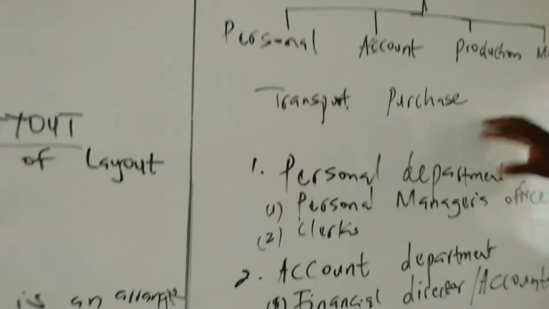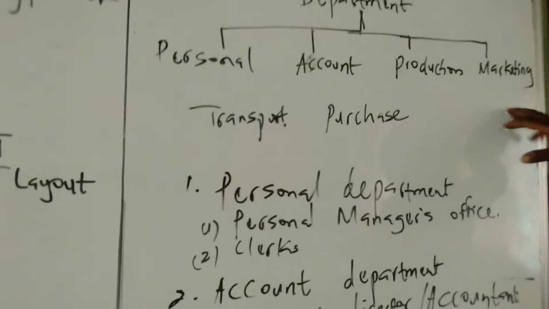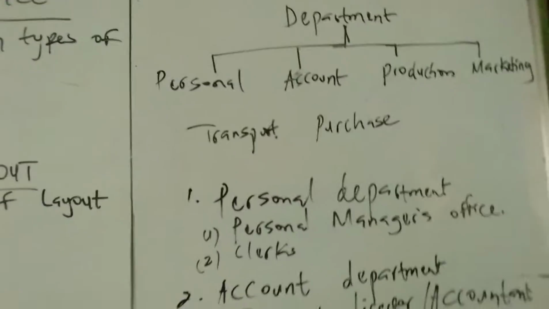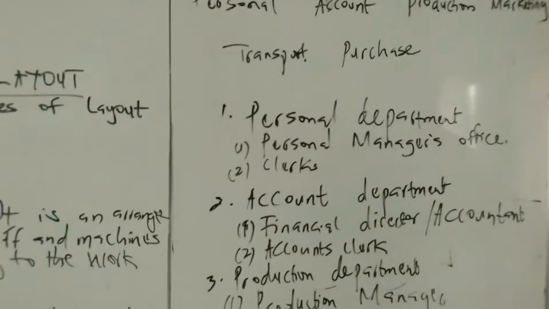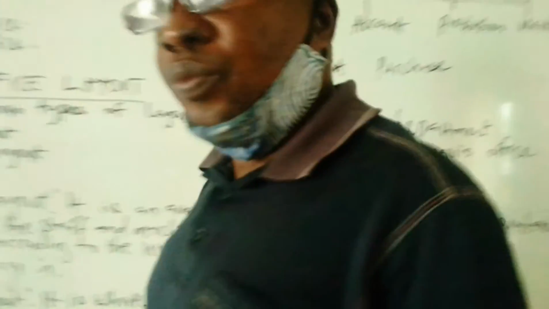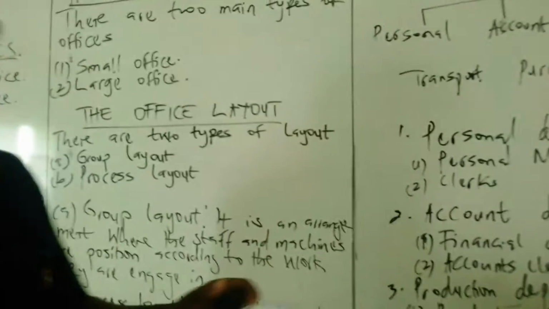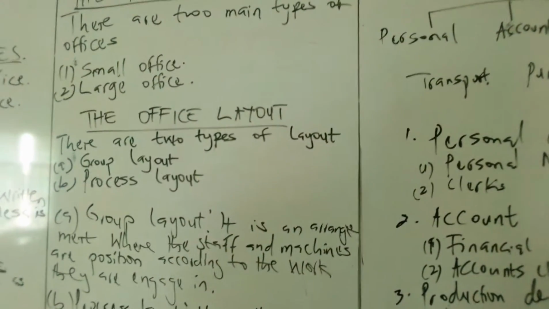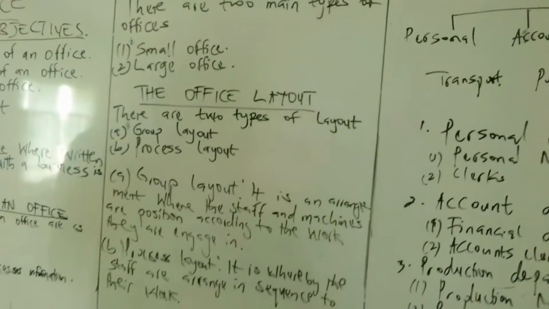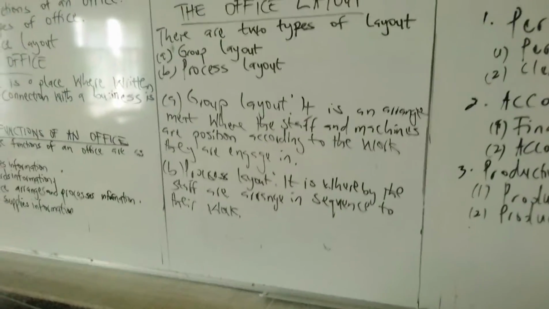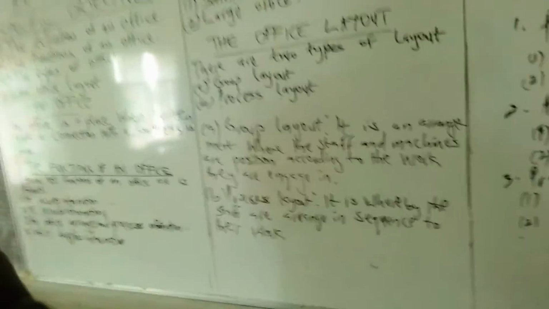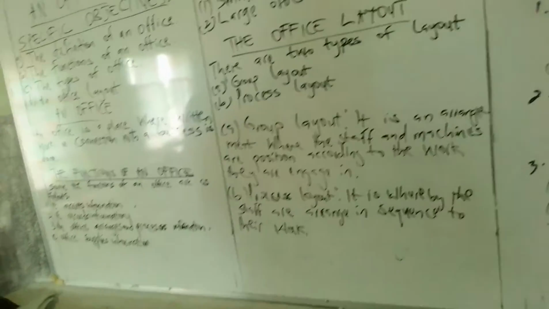In the purchasing department, you have the purchasing manager, who is responsible for purchasing the goods and raw materials used in that organization. Is that clear? So you can get more than one office in one particular department in an organization.